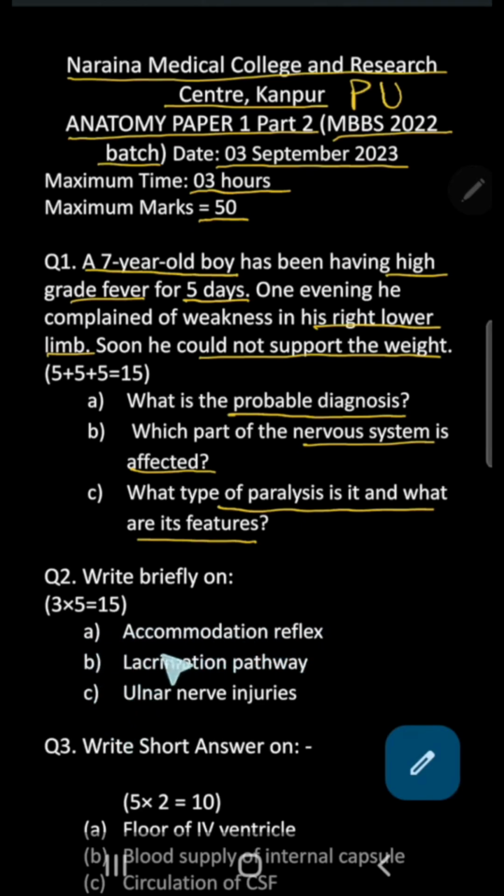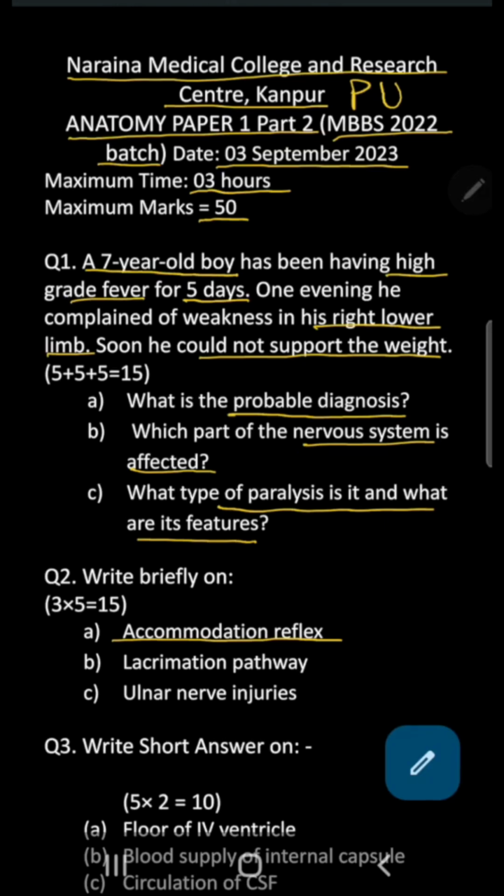First one here is accommodation reflex. Accommodation reflex is when you converge the eyes towards a point of focus closer to your face, nearer to your eyes, means you will have to contract both the medial rectus at the same time, as well as the eye lens will increase in curvature so as to focus the divergent beam of light onto the center of the retina, that's fovea centralis.